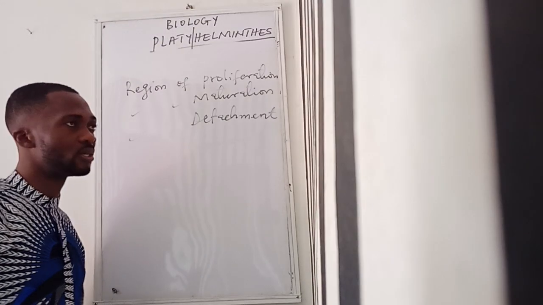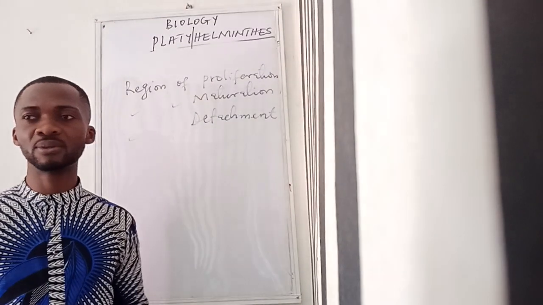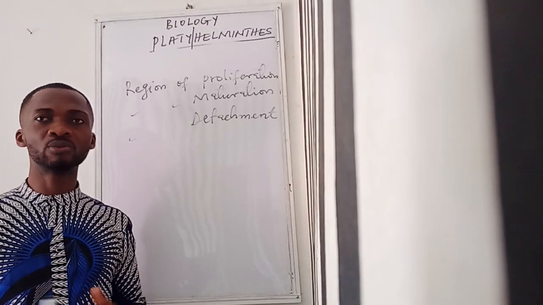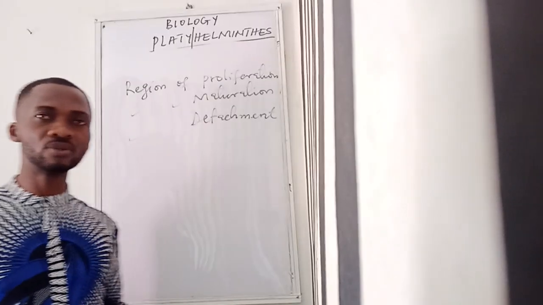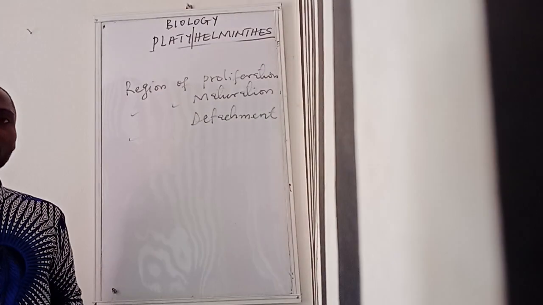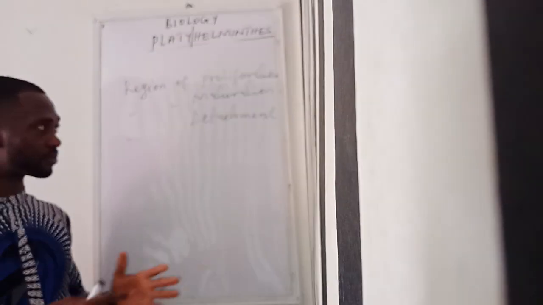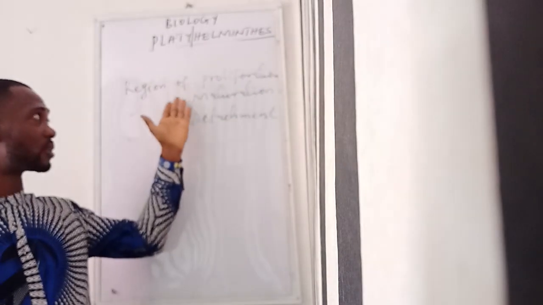Then once you descend, you will now meet the region of maturation. This is where you see the mature segments, the male and the female sexual organs that usually come together to form a zygote, and the eggs are produced within this region. Let me rephrase this.